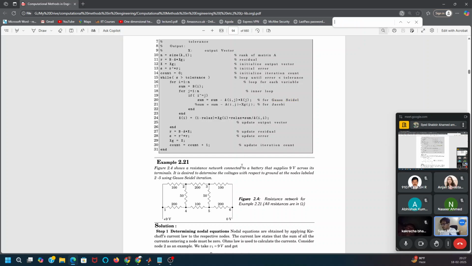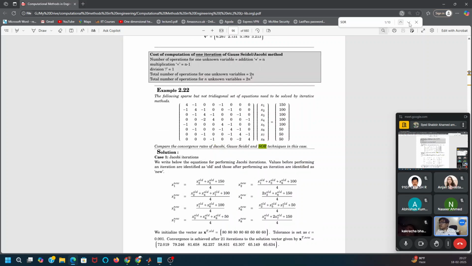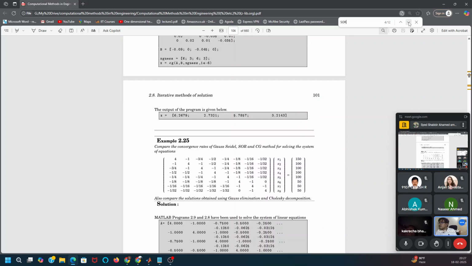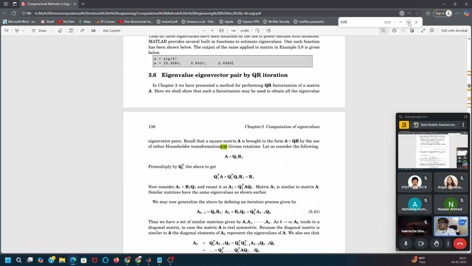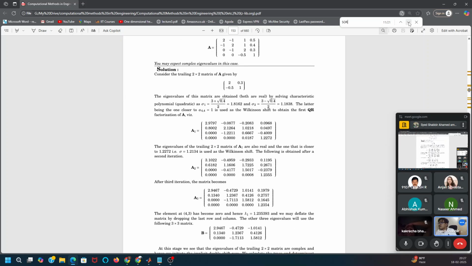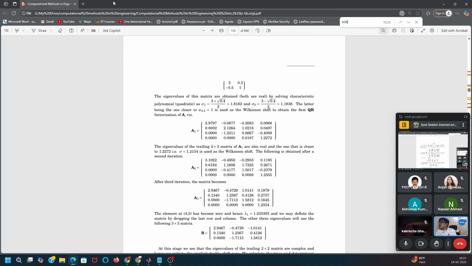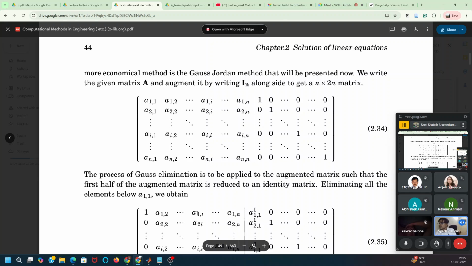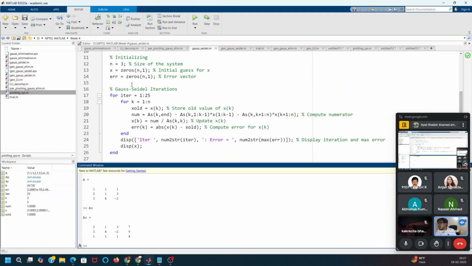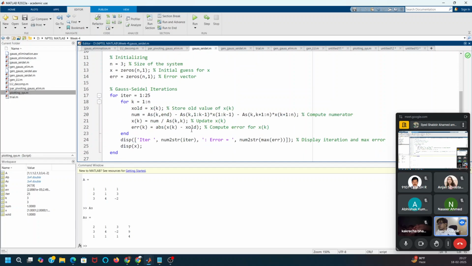Here, by trial and error, what I want to say is we have just exchanged some rows and we are getting the solution, but it's just by luck.